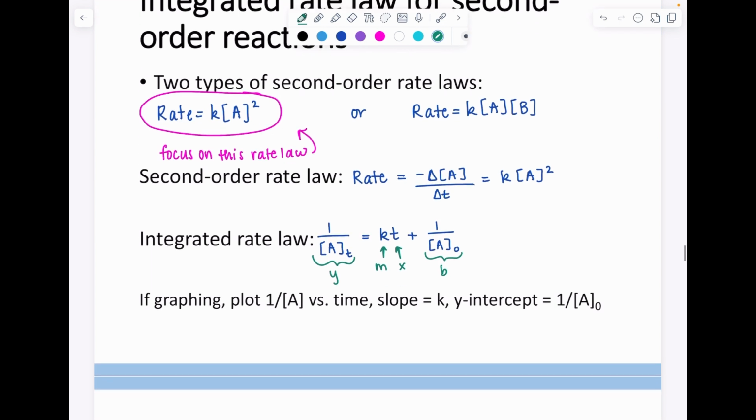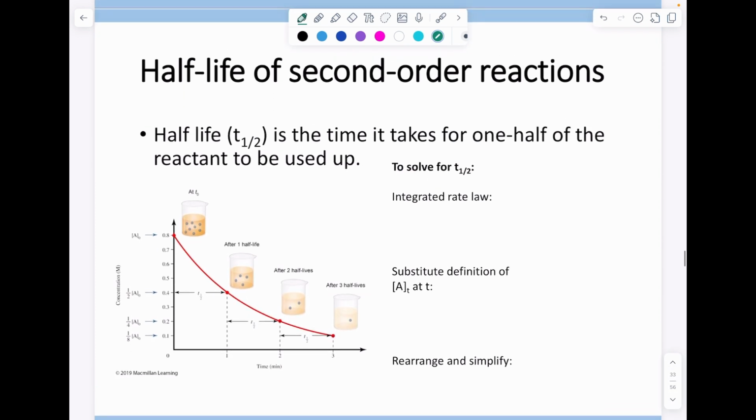And then we've got half-life here. The half-life of a second order reaction has the same definition, it's still the time it takes for 1/2 of the reactant to be used up. We just have a different equation here. In this case, we're deriving the half-life equation, I should say. 1 over A at time t equals K times time plus 1 over concentration of A at time 0.